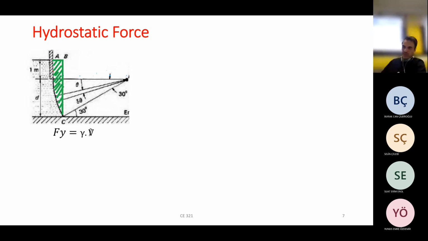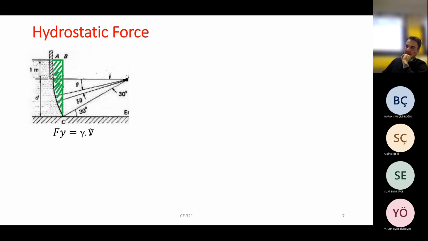But to calculate the force acting from water, we should consider this volume. So now the question is how we can find this volume. Do you have any idea? To calculate this volume, we should first find this area, then multiply it by 5 meters, because the width of the gate is 5 meters.